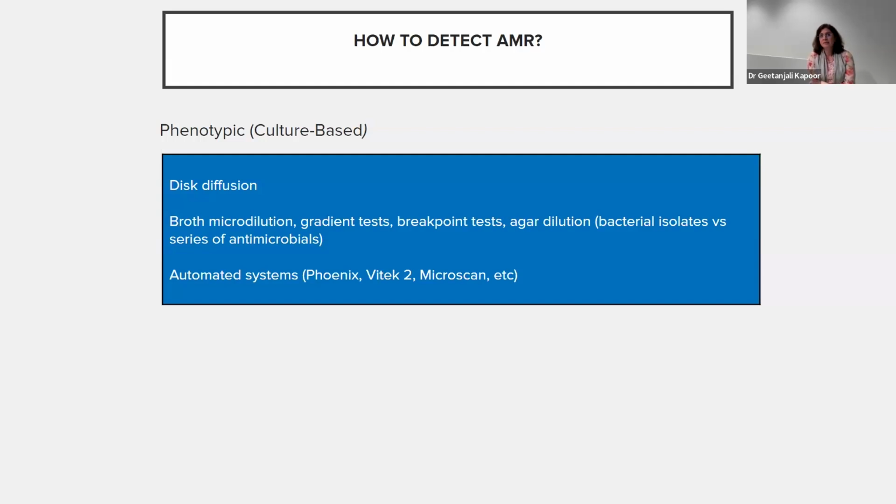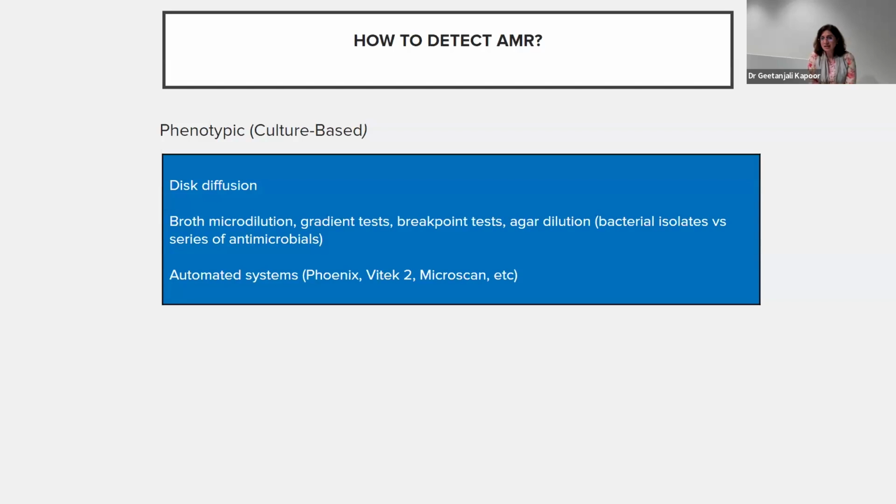In the lab, the technicians and doctors eyeball the culture plate, and they can say, for example, that for Pseudomonas a carbapenem has been tested, and it's resistant or sensitive.